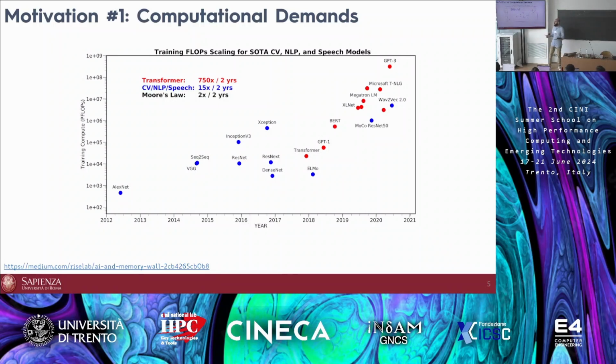And this is just too much. Moore's law, which I think you have seen already in the previous days, is an empirical law that says that basically the speed of a CPU or a circuit increases by a factor of 2 every 2 years. So there is this huge gap. One single chip is not going to be enough to keep up with the rate of increasing computational power demand.